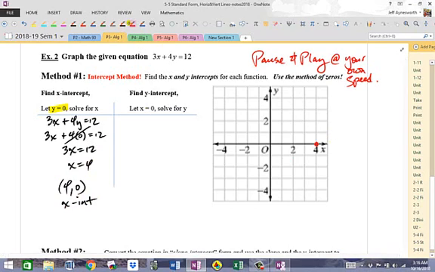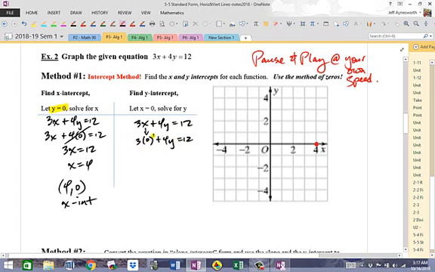Now I let x equal 0. So I always write down the equation so that it helps me focus here. So I substitute 0 in here. So 3 times 0 plus 4y equals 12. That cancels out. And I get 4y equals 12, which means y has to be 3. 4 times 3 is 12. So I get (0, 3) as my y-intercept.